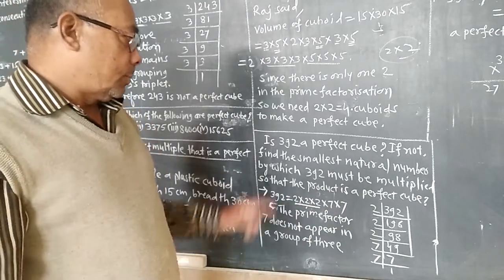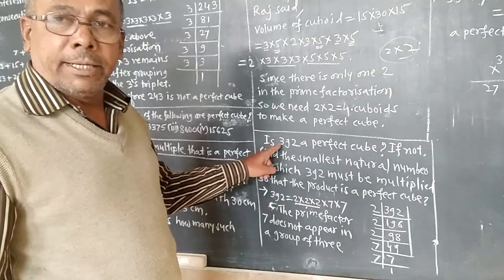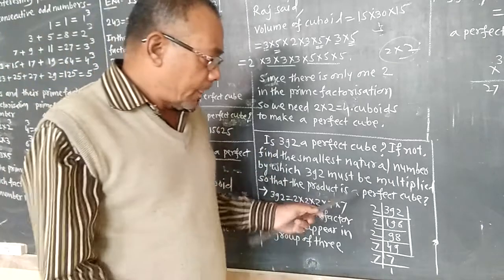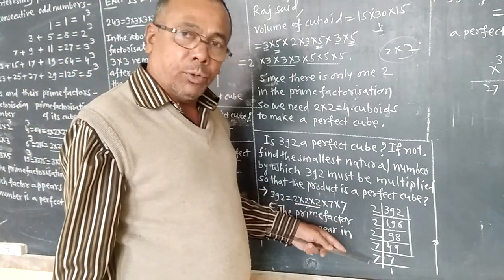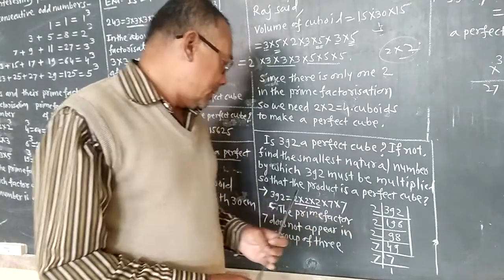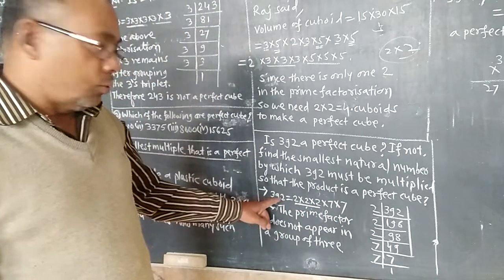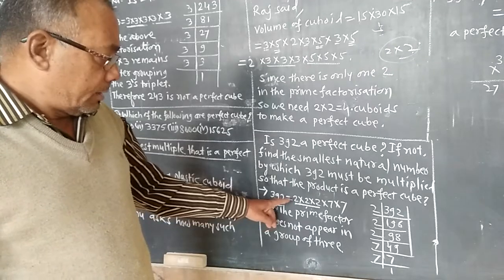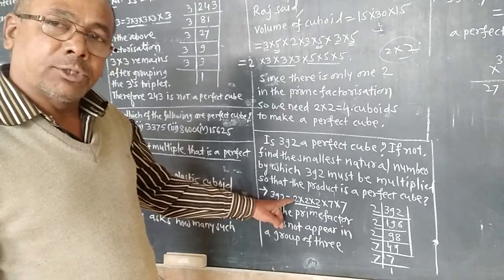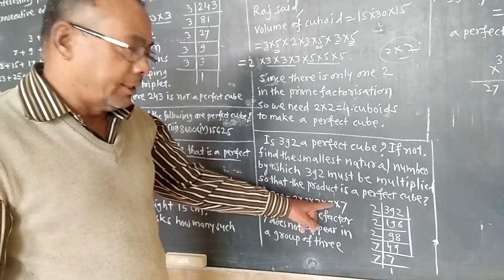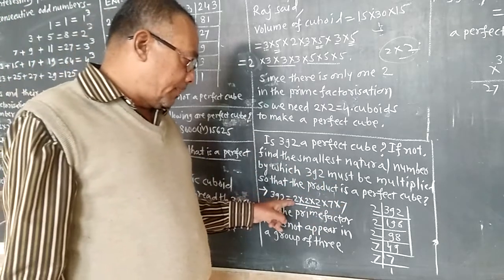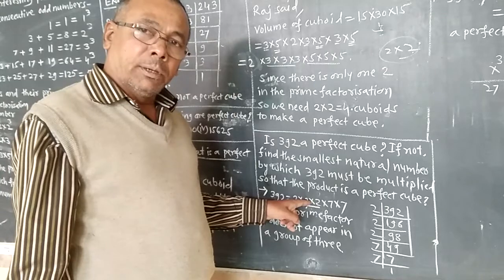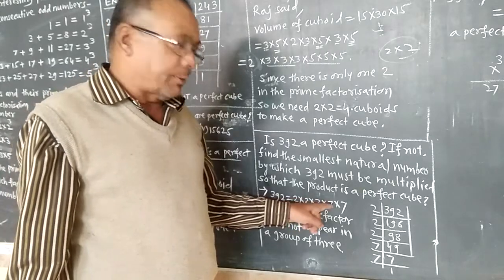Here, first of all, we have to factorize 392. If we factorize, we will get 2 into 2 into 2 into 7 into 7, and 392 can be written as the multiplication of the factors, that is 2 into 2 into 2 into 7 into 7. Here it is seen that only the triplet of 2 is completed, but the triplet of 7 is not completed.